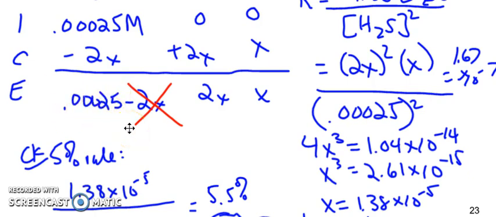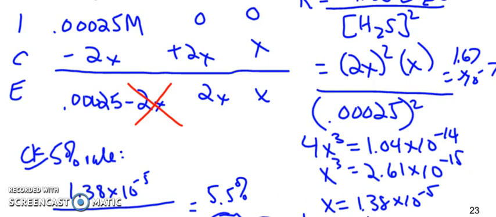Go ahead and get your calculators. 0.00025 times 0.05 is 1.25 times 10 to the negative fifth. I get 1.38 times 10 to the negative fifth. So what just happened here, my x value is greater than the 5% rule that I initially started.